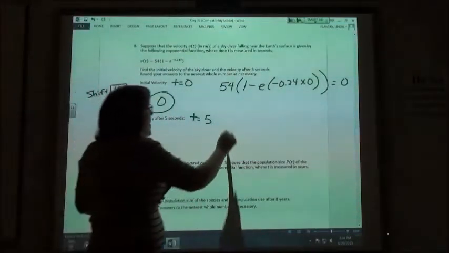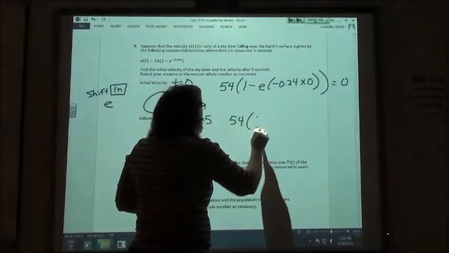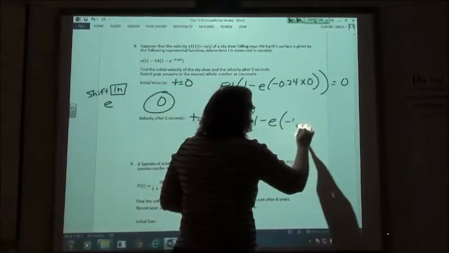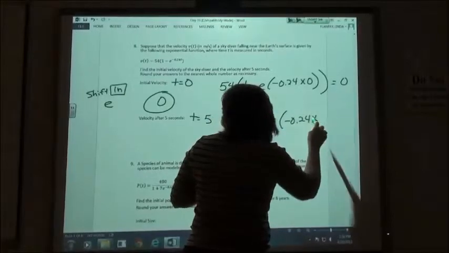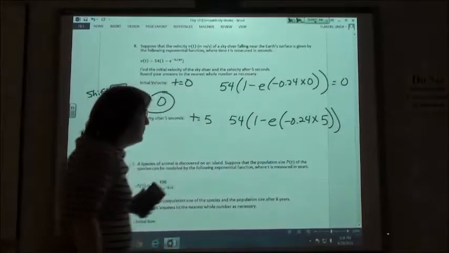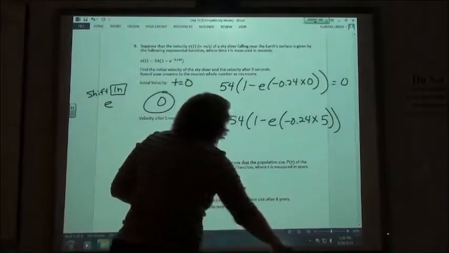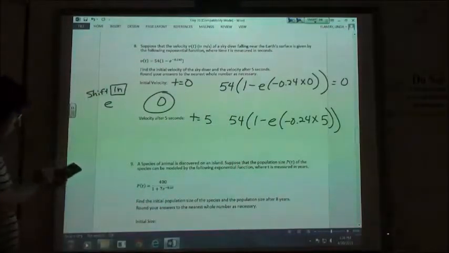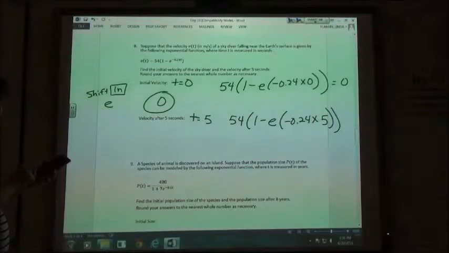The second one, I'm going to do 54, 1 minus e to the negative 0.24 times 5 seconds, and figure out my answer. So, 54, parenthesis, 1 minus shift natural log to get the E, in parentheses, negative 0.24 times my time of 5, close my parenthesis again.